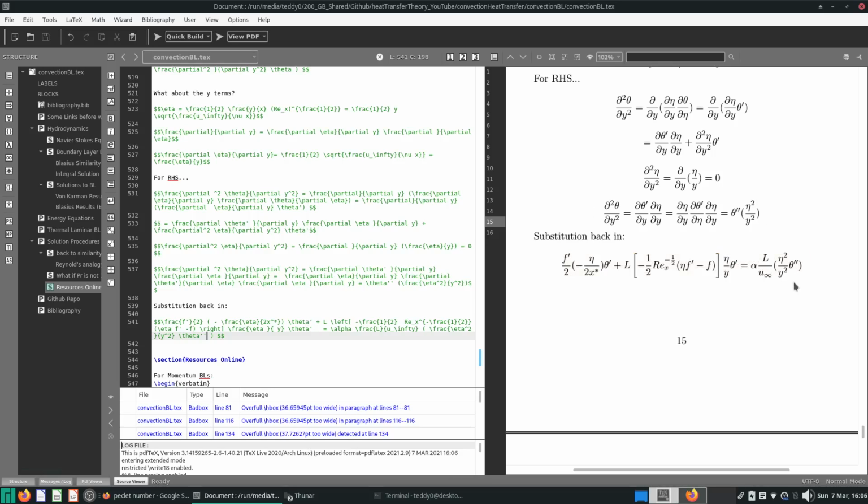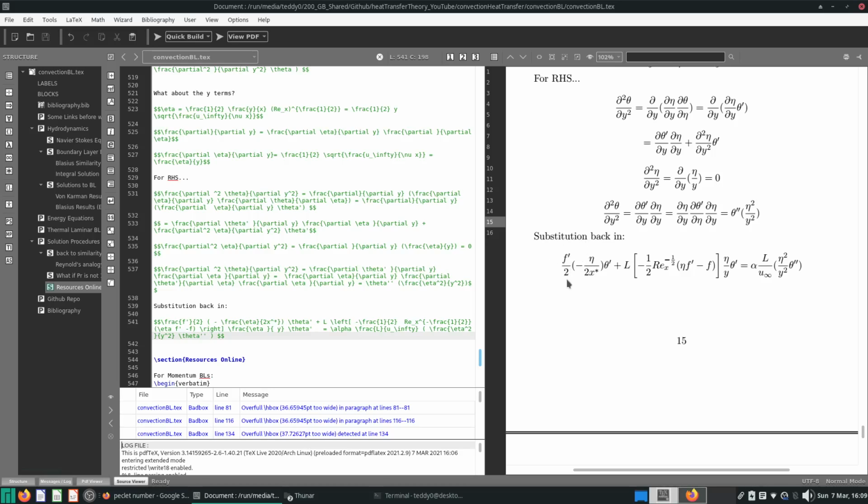So now we hope we can start cancelling terms out. So we may want to attempt that. Okay, so let's see, this theta prime and this is also theta prime. We'll try to just tidy this up, because this looks extremely messy. So what can we do?